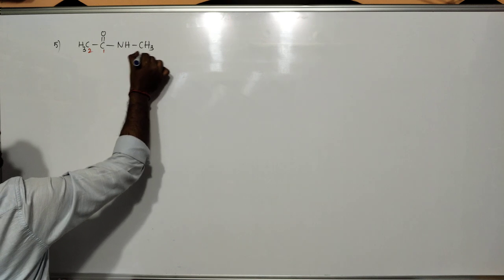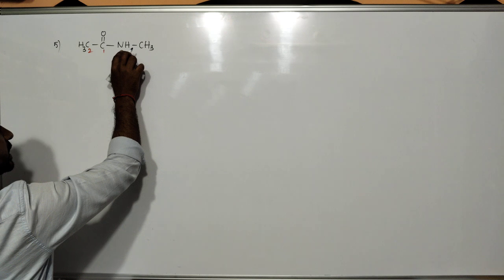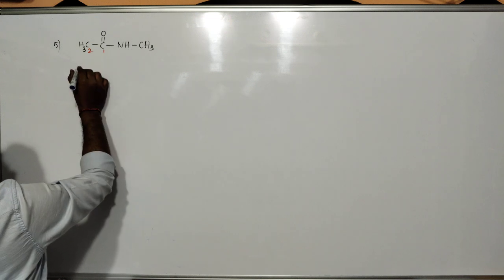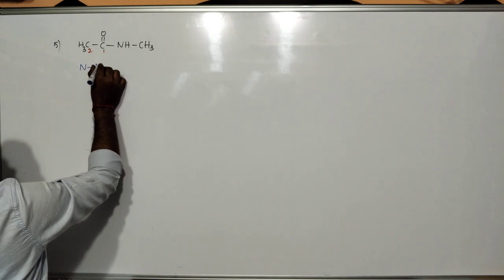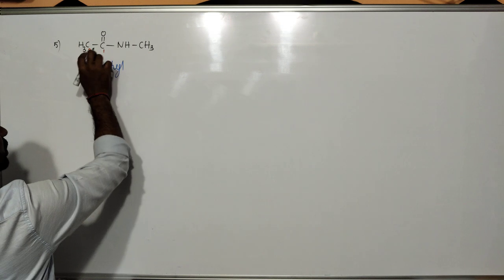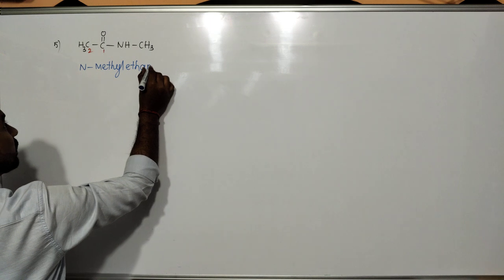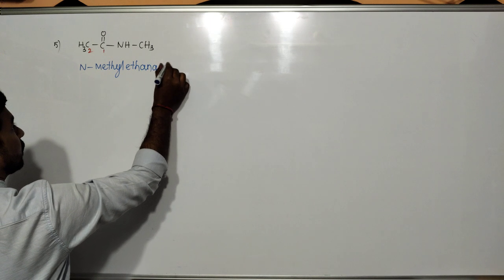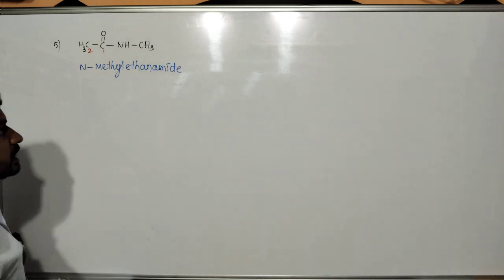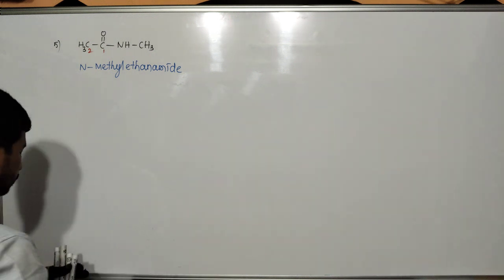On nitrogen one substituent is there. If a substituent is present on nitrogen, say N-methyl. N-methyl is the substituent, secondary prefix. Eth is the root word, ane primary suffix, amide secondary suffix. N-methylethanamide is the IUPAC name of this molecule.